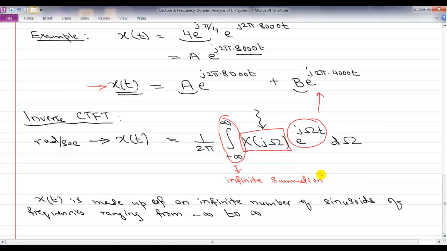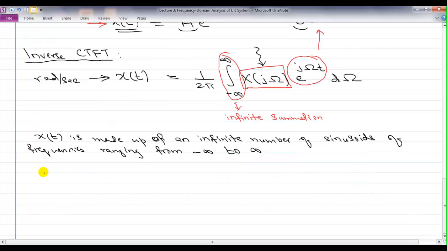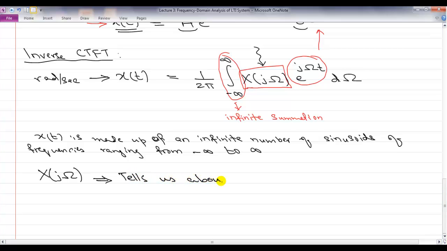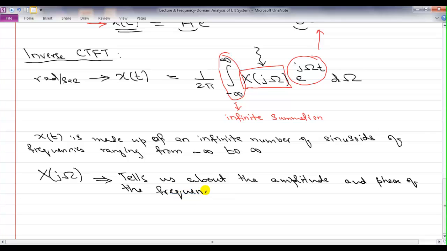Okay. So x of j omega tells us about the amplitude and phase of the frequency omega present in x of t.